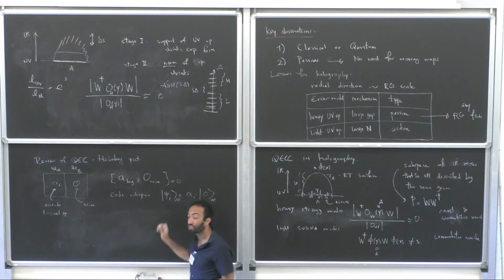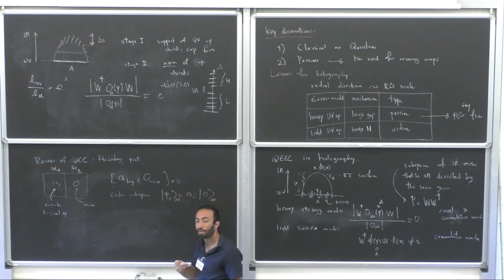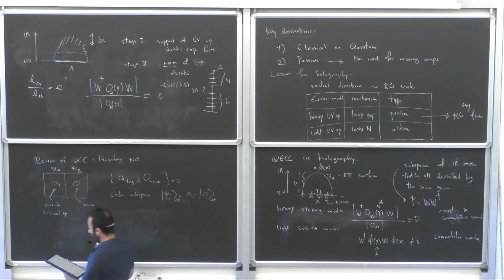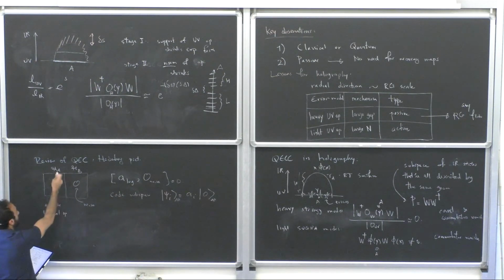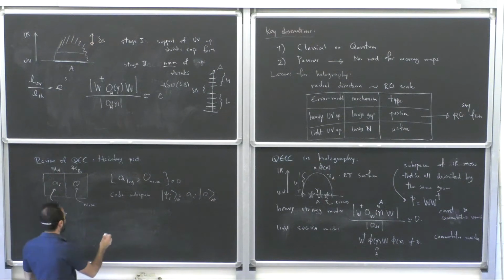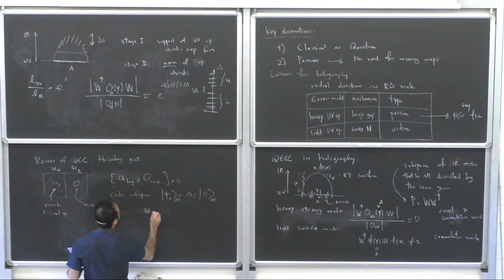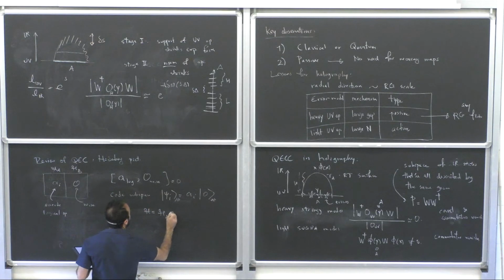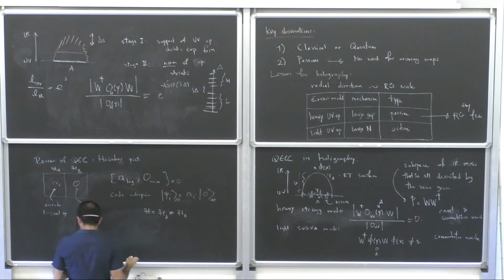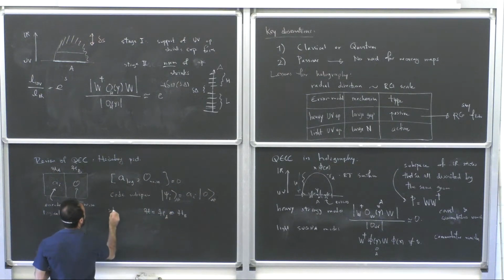Now, this looks completely trivial, but let me explain a little bit more. Let me give you three examples of realizing this cartoon. The first example is when H is H_A tensor H_B. This is called subsystem quantum error correction.